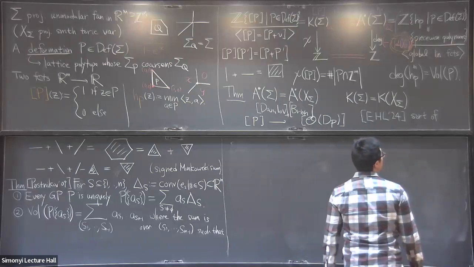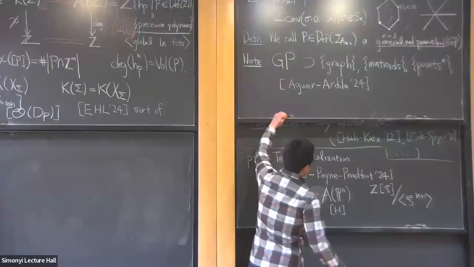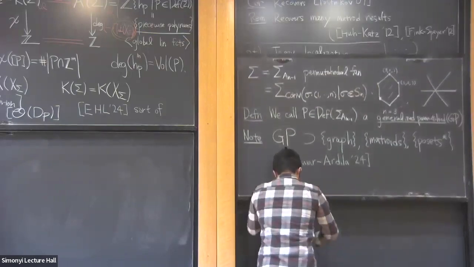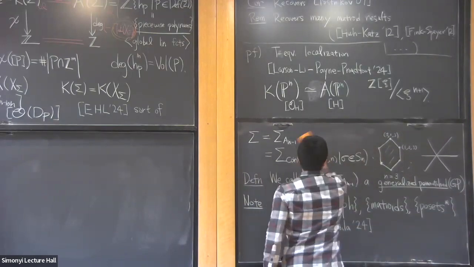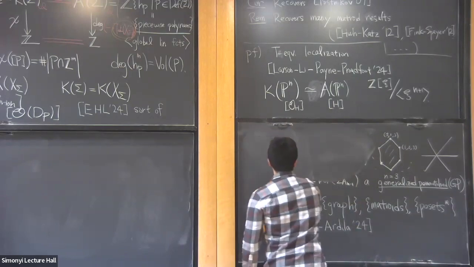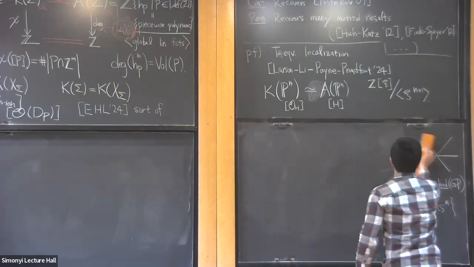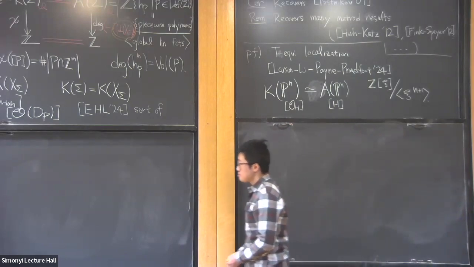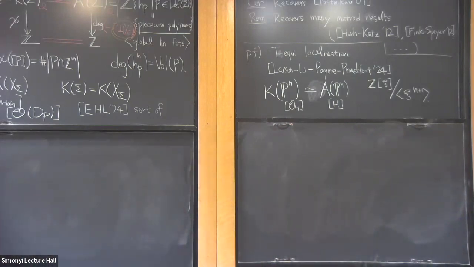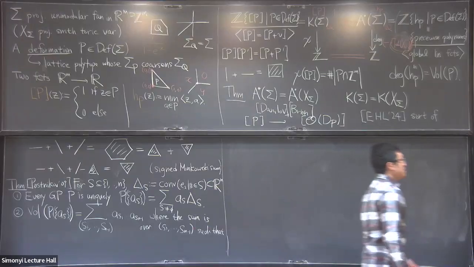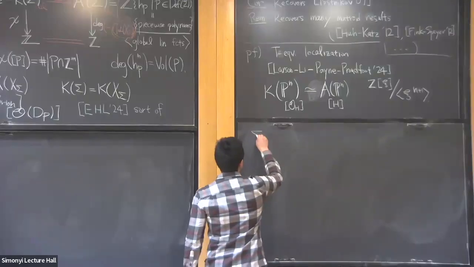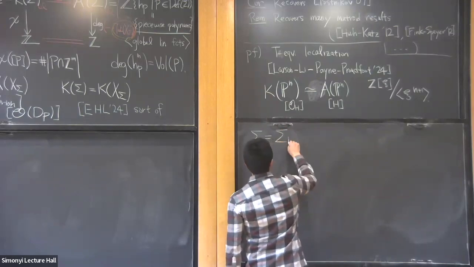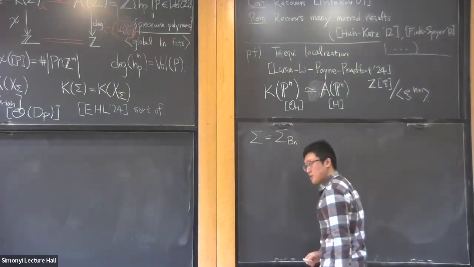Let's see, what can I erase? Maybe I'll erase this. So maybe I'll replace this board with, well, now let's think our fan is the type B_n permutahedral fan.